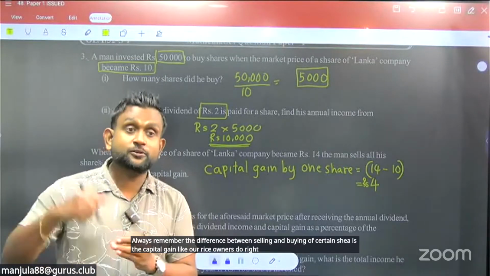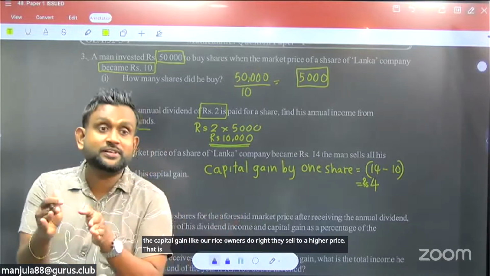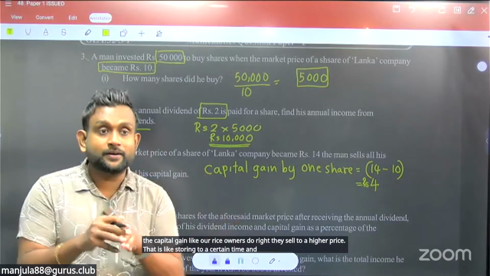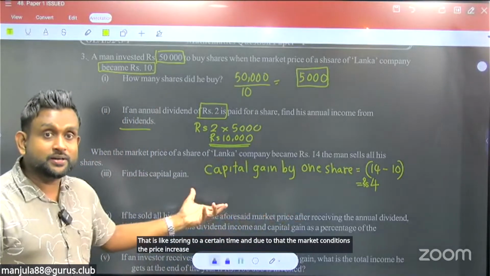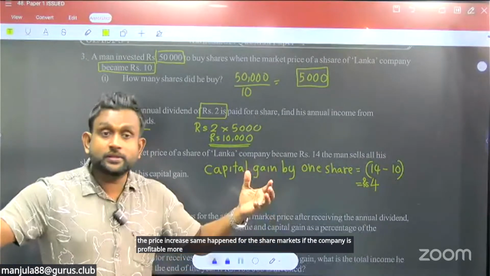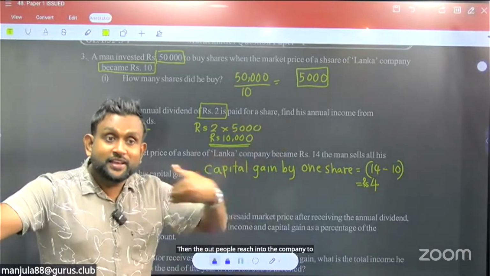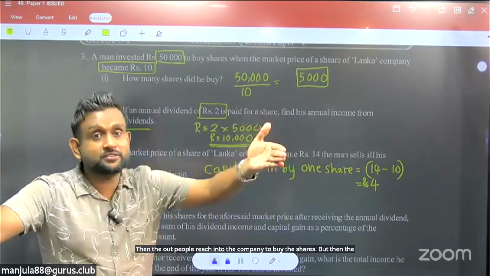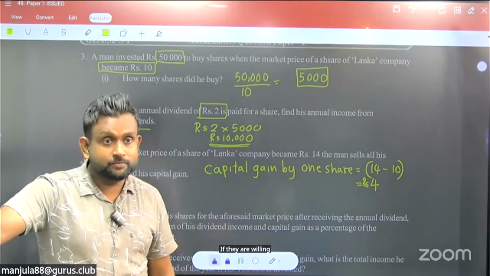They store it for some time, and due to market conditions the price increases. The same happens in share markets. If the company is more profitable, people reach out to buy the shares, and the owners can sell them at a higher price if buyers are willing.